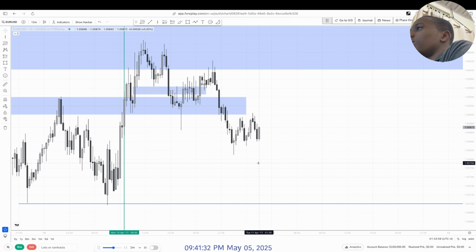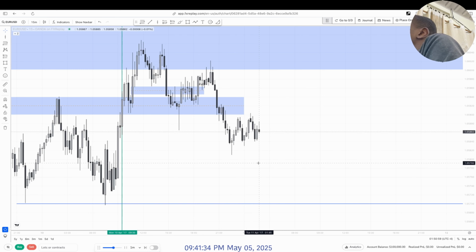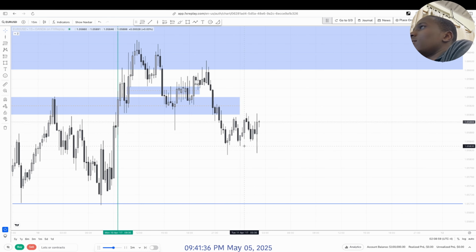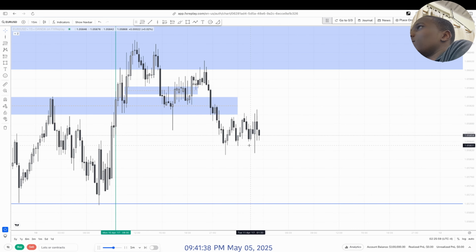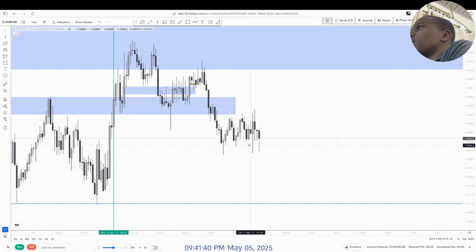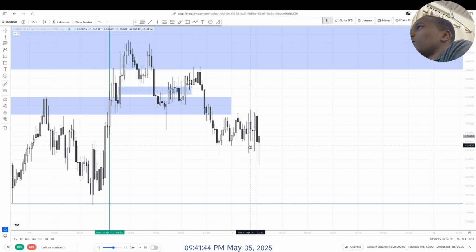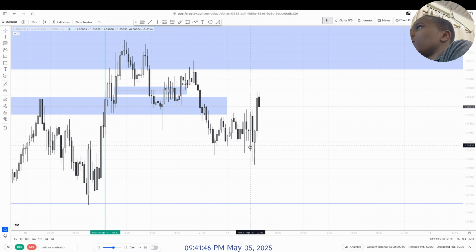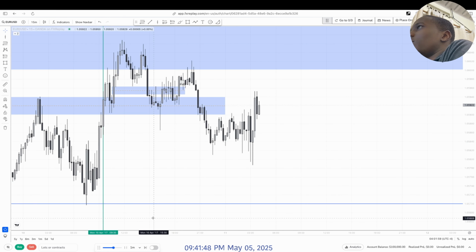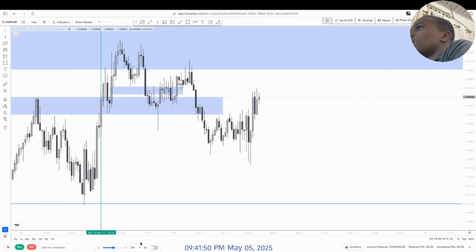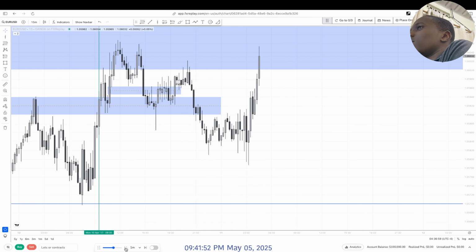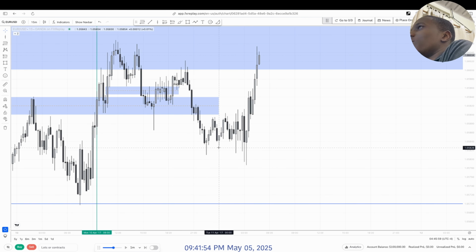So by the start of London session, we can see some consolidation right here. Sweep of the low. Still consolidating now. So valid power of 3. You can see a valid power of 3 right here.